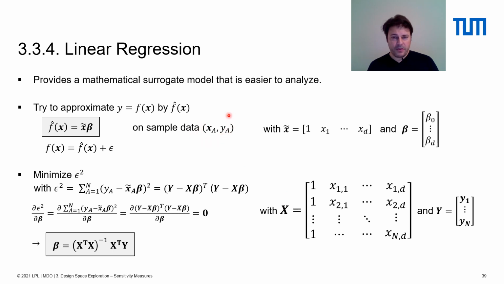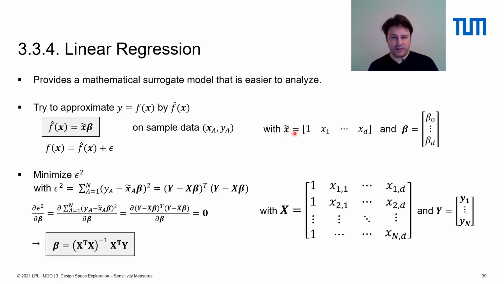So you have the sample data available, your collection of design vectors and corresponding output values. And now let's introduce a particular notion that is helpful to go through the math.